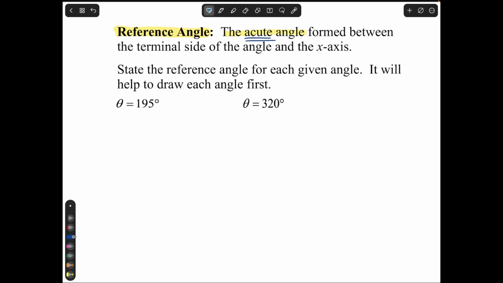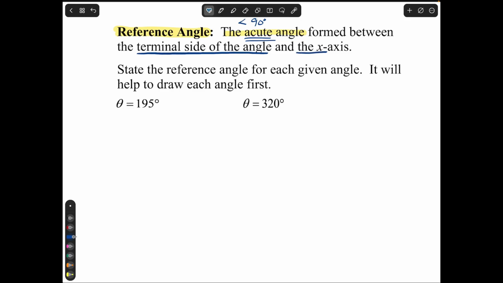So it's the acute angle formed between the terminal side of the angle and the x-axis. That's really important. We'll draw this down below with our examples.